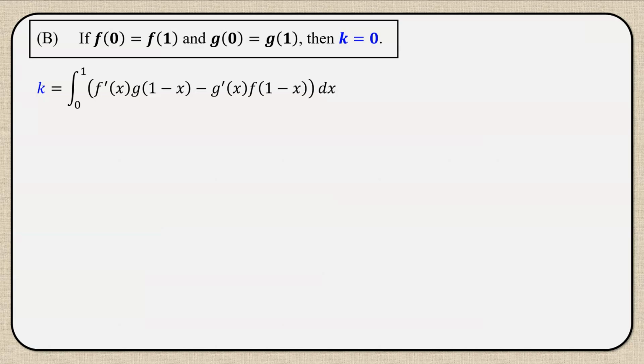Next, let us determine whether statement B is true or not. Here, we have to determine whether k is equal to 0 or not. So naturally, we need to start from the definition of k given in the problem.